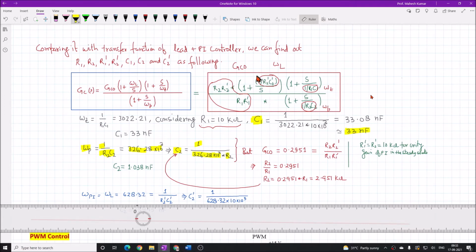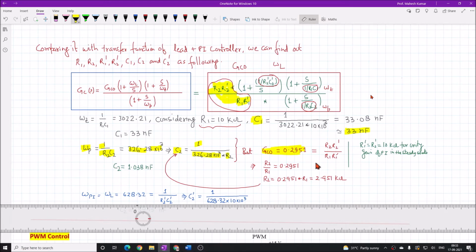Earlier we have found GC0 is 0.2951. From the previous discussion, after adjusting the position of the gain crossover frequency, we found that GC0 is 0.2951.